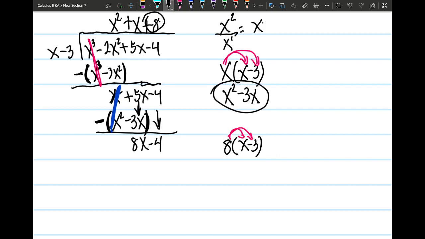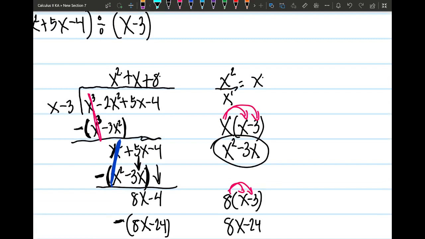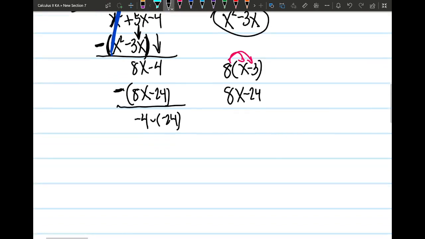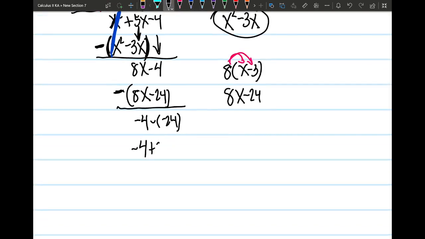So we would end up getting 8x minus 24, and we would put, again, minus parentheses, 8x minus 24. So then we would do negative 4 minus negative 24. This would give us negative 4 plus 24, which is 20. So our remainder would be 20.